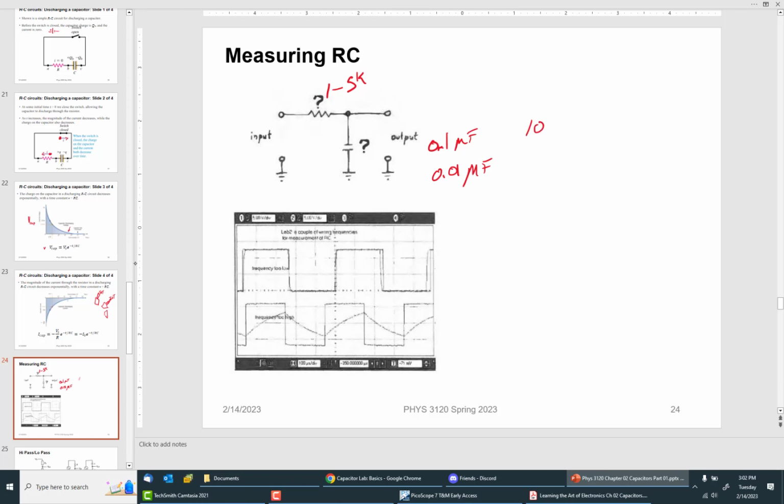So this is 100 nanofarads, and that's 10 nanofarads, and see what happens.